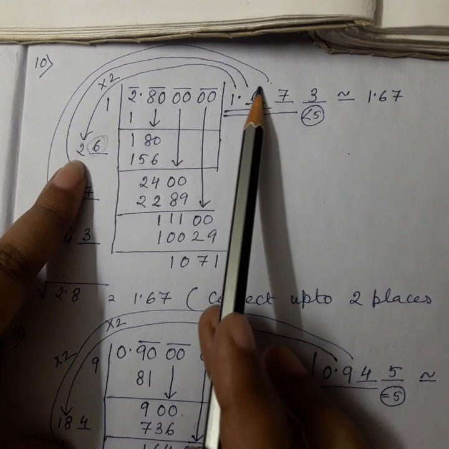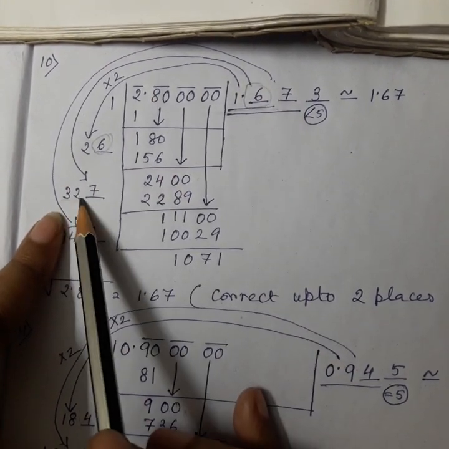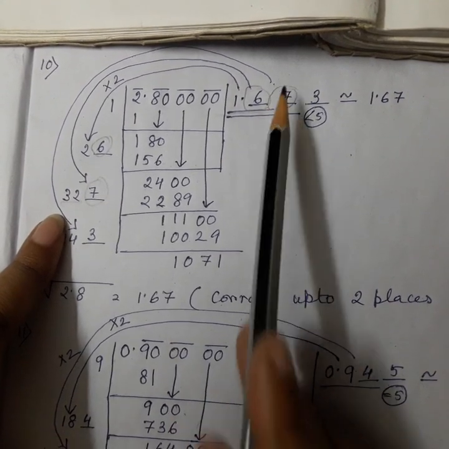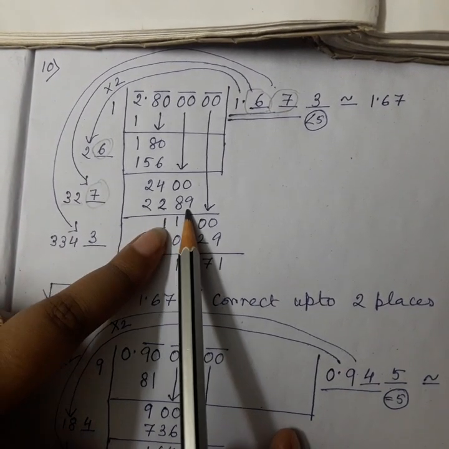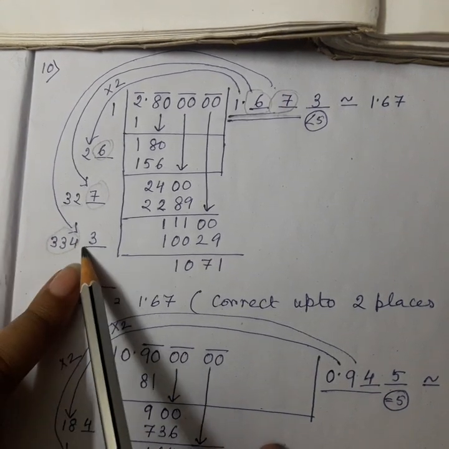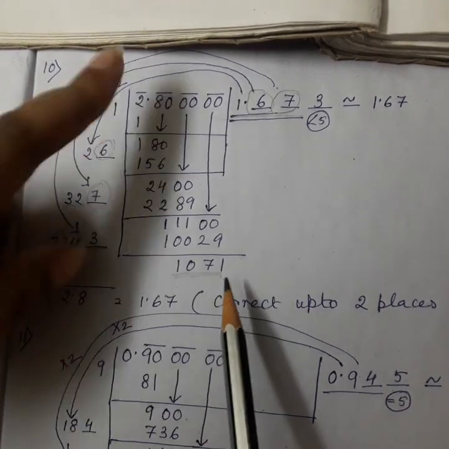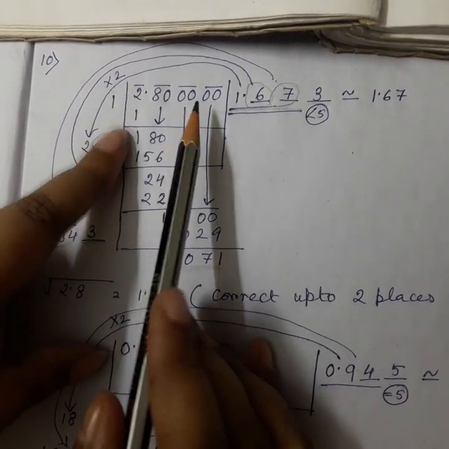Then we have put 6 here, 156 is coming. Then double of 16 is 32. Then we have put 7, so it's coming 2289. Then double of 167 is 334, and then we have put 3 here. So the remainder is coming like this. That process you can do.